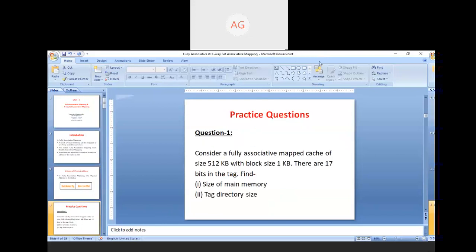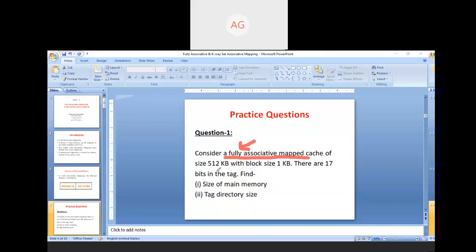So this is question 1. Here the question is, consider a fully associative mapped cache. Here you must remember the word, or just look for the word while reading the question. So here you find the words, consider a fully associative mapped cache. So here we need to follow the formula and the physical address which are based on fully associative mapping.